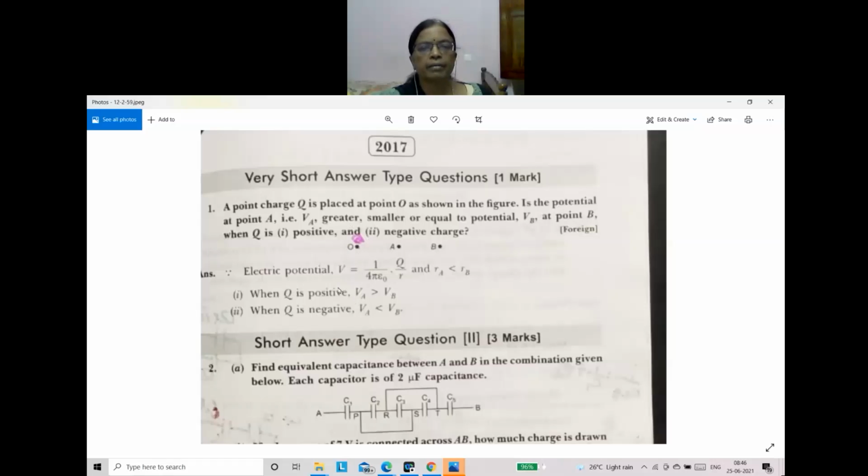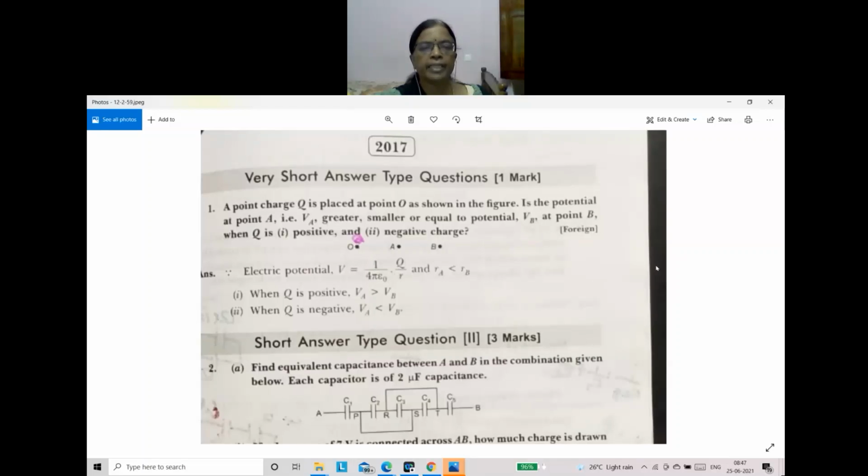Understand? Electric potential formula is 1 by 4 pi epsilon 0 Q by R. Inversely proportional to distance. So, nearby point potential will be greater. As the distance increases, potential decreases. And when Q is negative, we are bringing a unit positive charge.